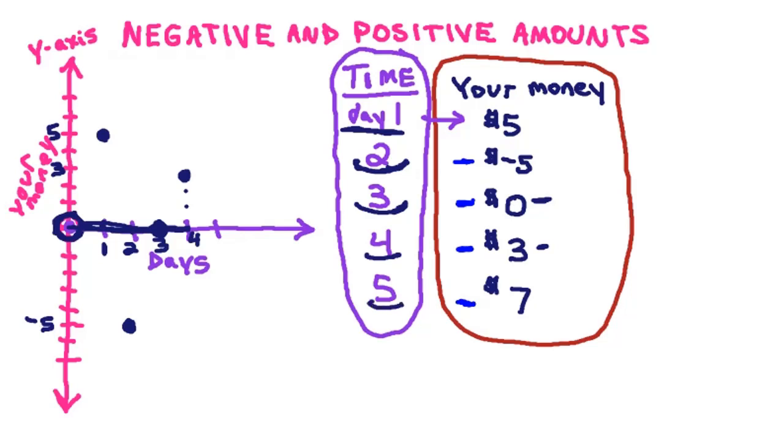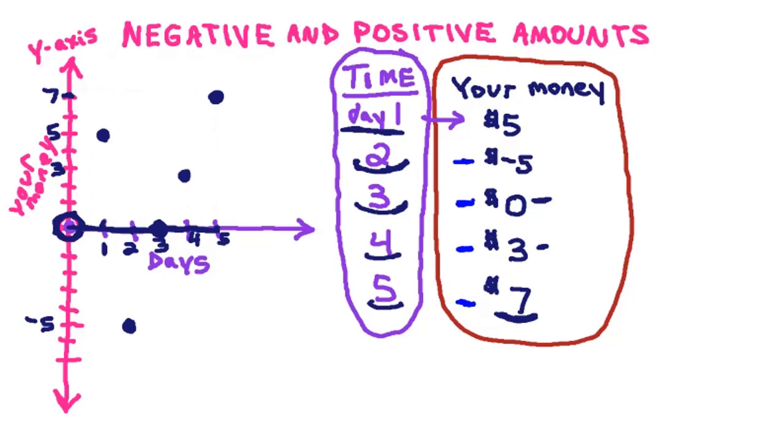And then on day 5, you found $4 more in the couch cushions or something, and that brought you up to $7. So on day 5, we're going to go out to day 5 on the x-axis, and now you're up at a positive $7, which is all the way up here. Because see, if you look, this goes out here to this marker, and this is 7.